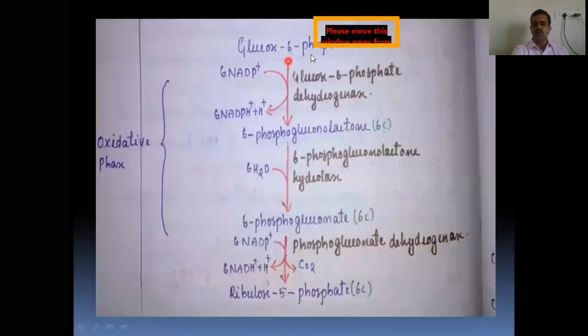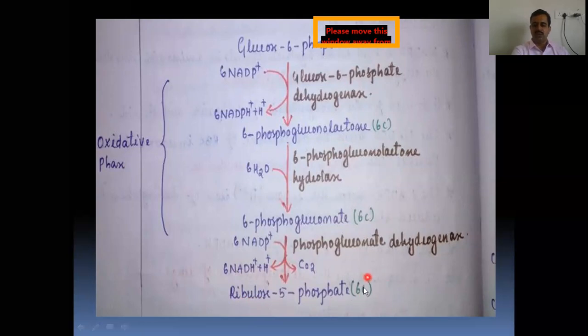See here, glucose 6-phosphate is converted to 6-phosphogluconolactone, a 6 carbon compound, by the enzyme glucose 6-phosphate dehydrogenase. This 6-phosphogluconolactone now gets converted into 6-phosphogluconate with the help of the enzyme hydrolase. Then with phosphogluconate dehydrogenase, it undergoes oxidative decarboxylation and gets converted into ribulose 5-phosphate.